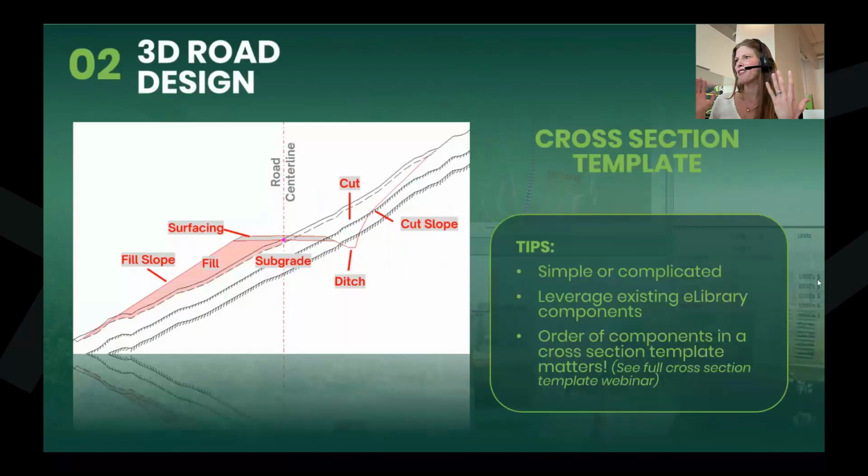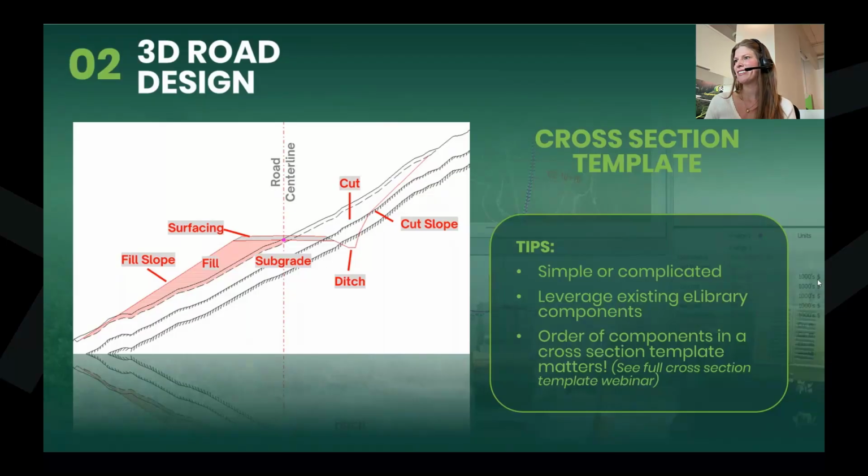And one of the very first steps that we need to do is tell the software, hey, this is the cross section. This is what my typical section is going to look like. Now, of course, this one can be simple or complicated. We could define our road width, we could define our slopes and just leave it at that, but you can also get a lot more complicated, adding in all the different elements that you might have in your typical section.